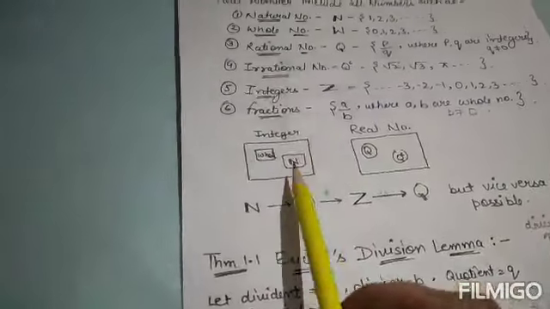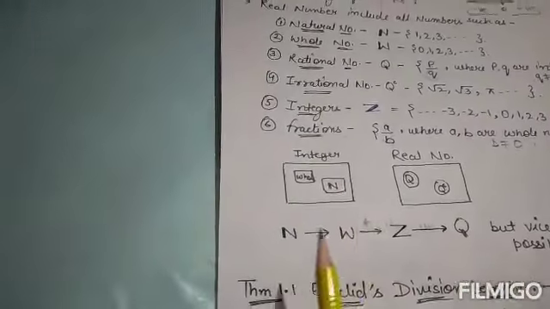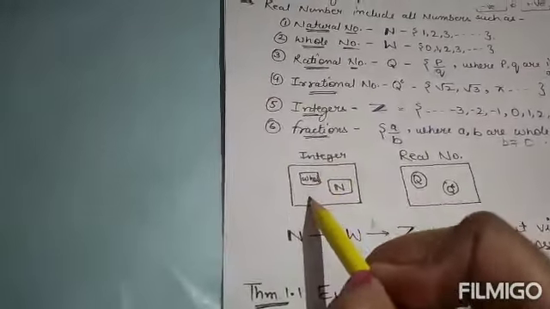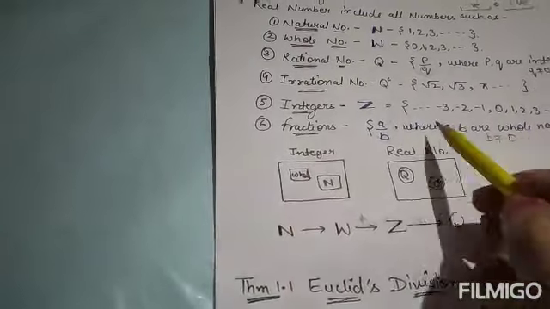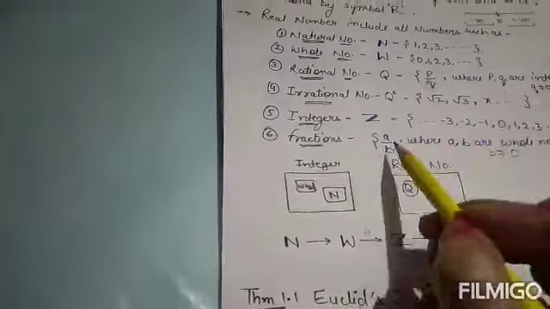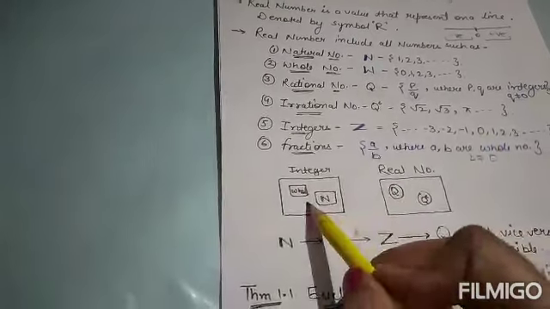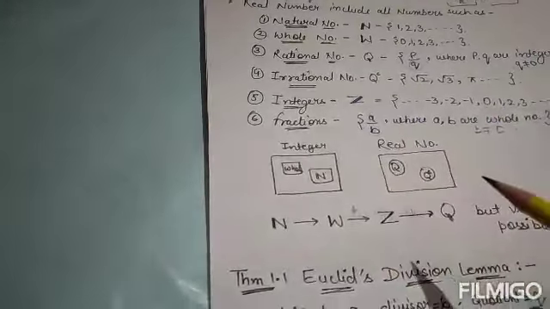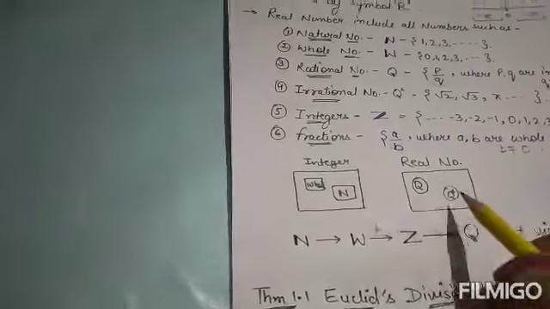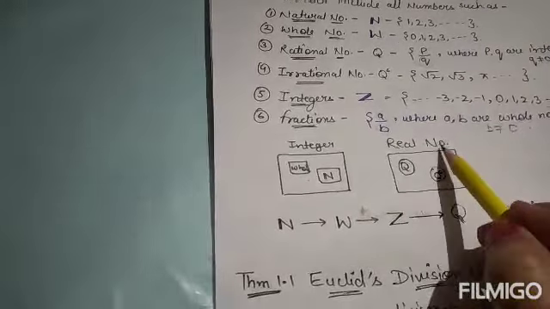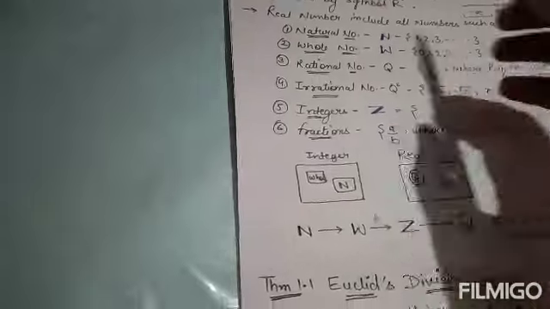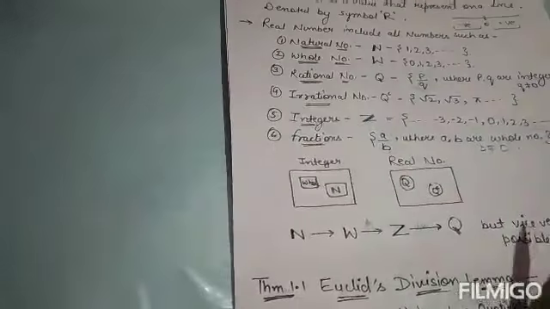Let's understand with a diagram. Look, integers contain whole numbers and negative numbers. But whole numbers do not include integers. In a similar way, real numbers include rational, irrational and all other numbers.